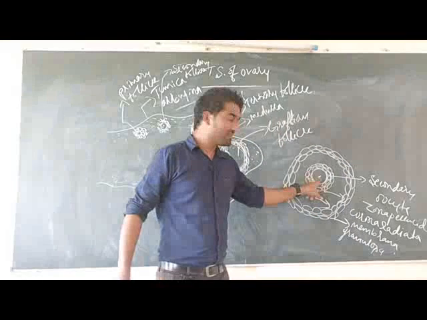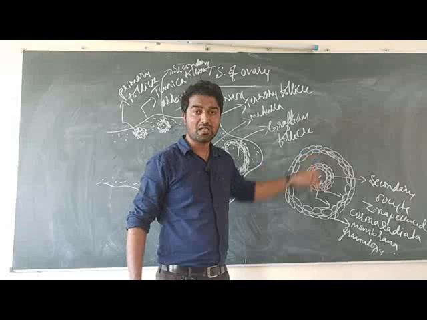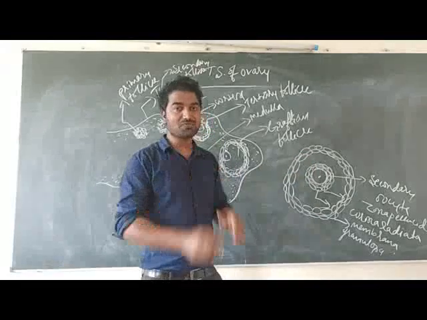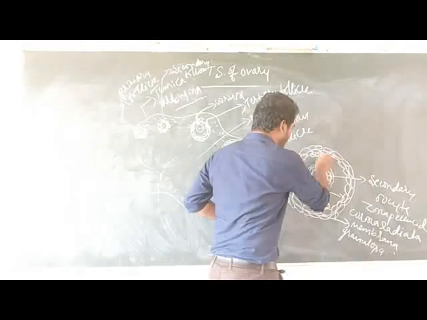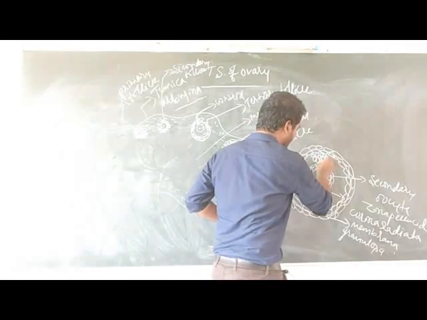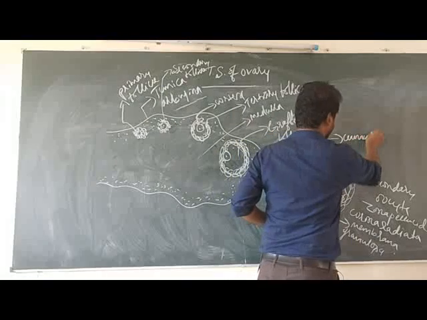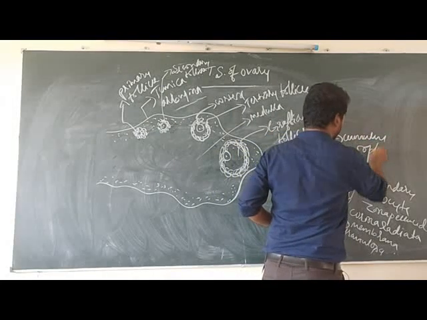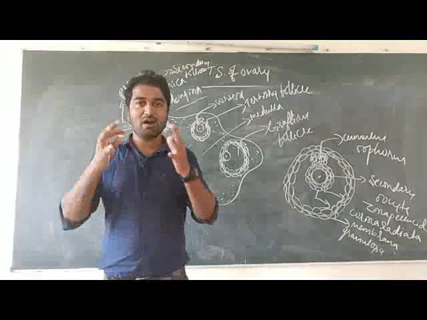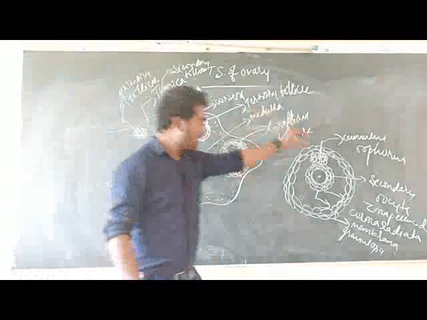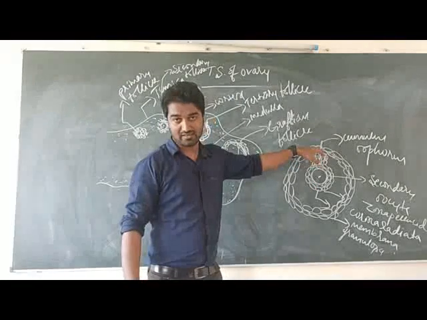And now this secondary oocyte gets contact with membrana granulosa by the help of a cluster or mass of cells, and this mass of cells is known as cumulus oophorus. Cumulus oophorus is the mass of cells which connects secondary oocyte with membrana granulosa cells.